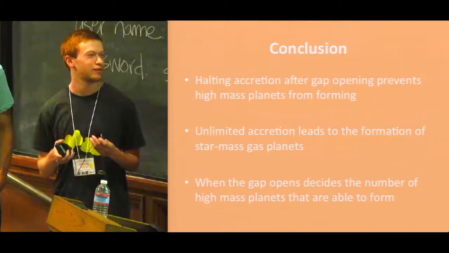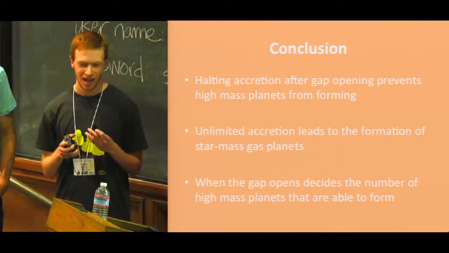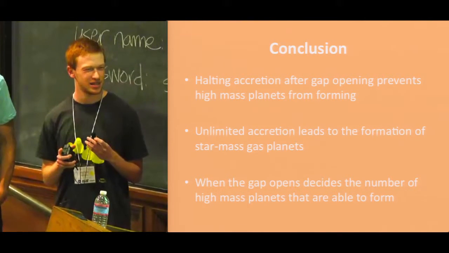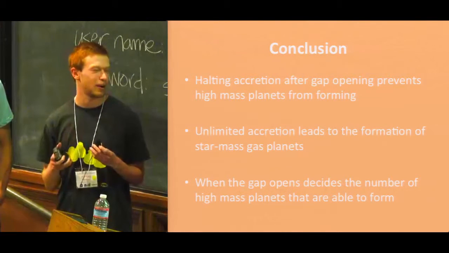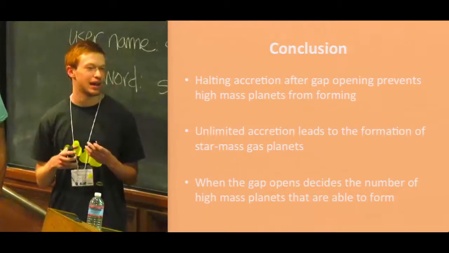The same fraction of material accreted even as it gets bigger, which I think is not realistic, because as it gets bigger, I think it would also knock some of the material out of the gap.